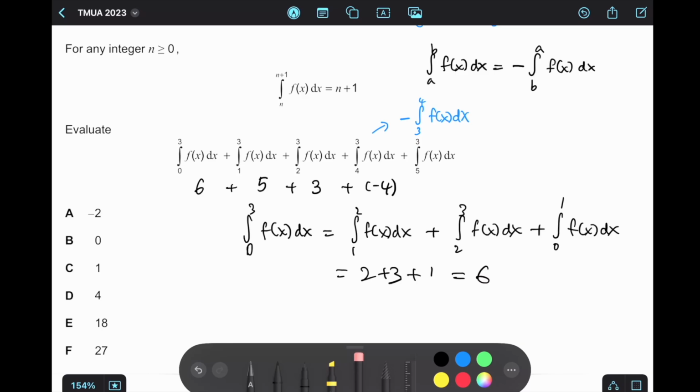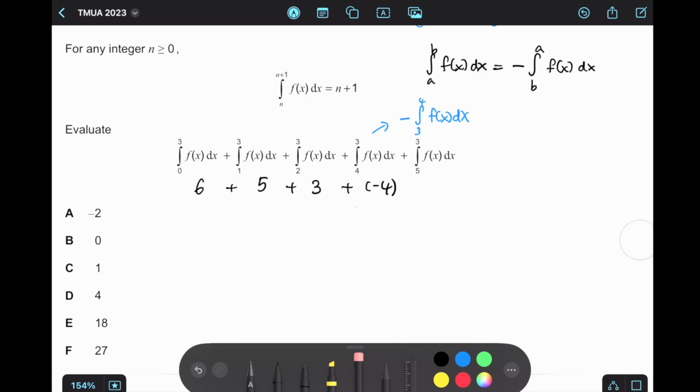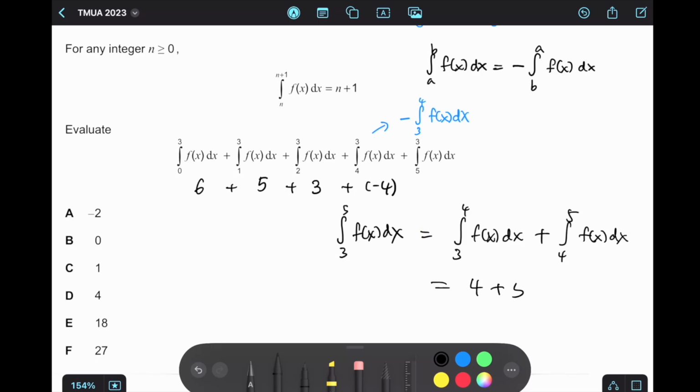Now it remains to solve for the final integral, which is the fifth one. We will firstly calculate the definite integral from 3 to 5 of f(x) dx. This would be equal to the definite integral from 3 to 4 of f(x) dx plus the definite integral from 4 to 5 of f(x) dx, which is equal to 4 plus 5.